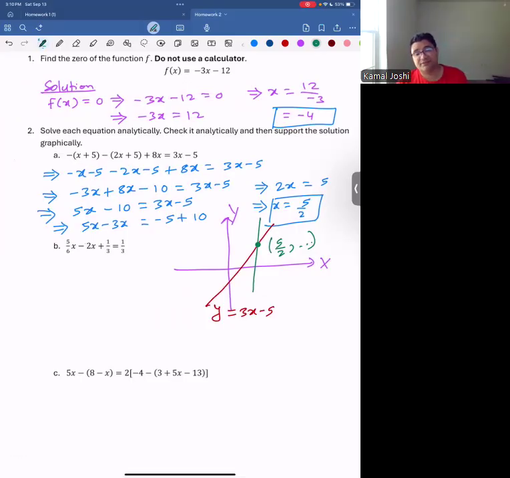That is the meaning of verifying it or supporting it graphically. So you literally have to plot the two equations. That whole thing on the left side is your second equation here. Now, the other questions I'm only going to solve analytically. Checking analytically and graphing, you have to do by yourself.